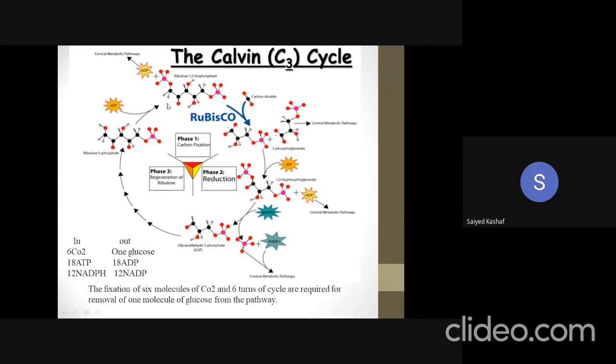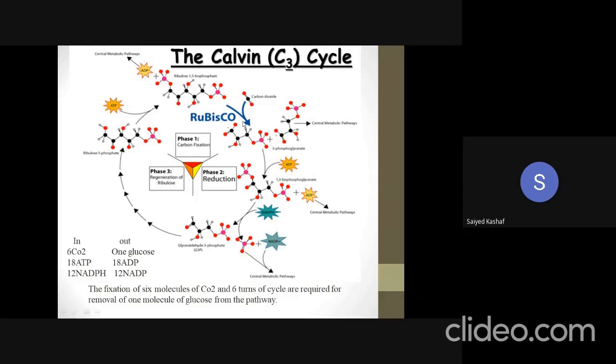In the presence of CO2, Rubisco fixes this 5-carbon compound and converts it into 2 molecules of 3-carbon compound, that is 3 PGA. You can see this 5-carbon compound, which is now fixed with CO2, that is 1 carbon.